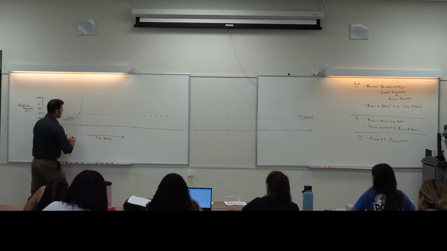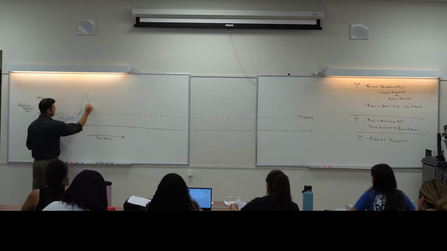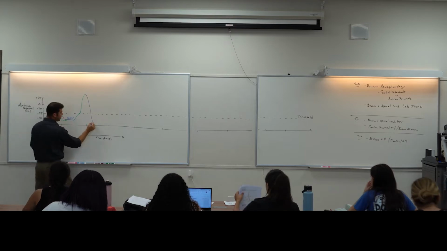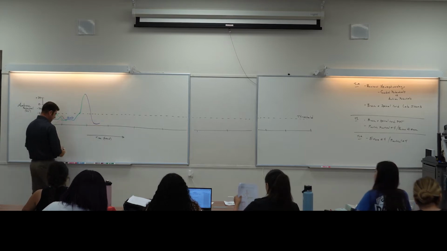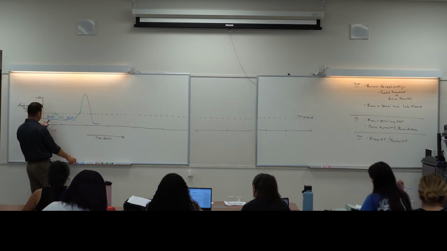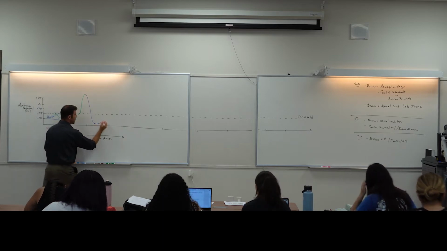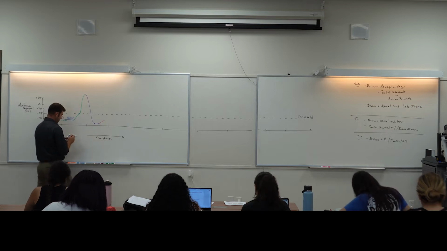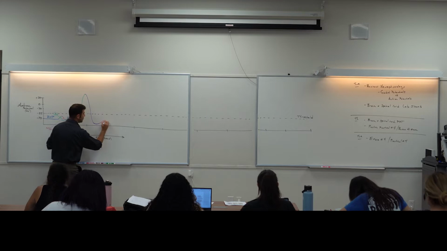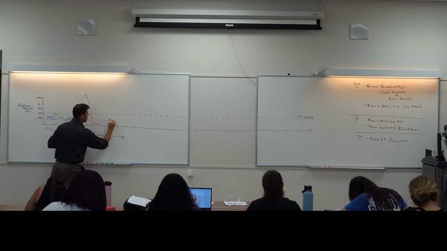We would see it drop down below -70 for just a little bit. And then anything slightly above or slightly below -70 millivolts is going to be balanced out by that sodium-potassium pump, bringing us right back to this normal resting membrane potential.